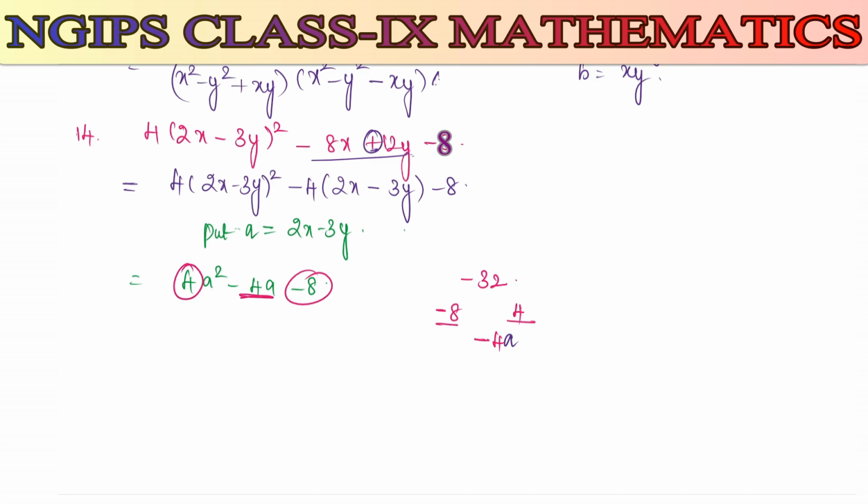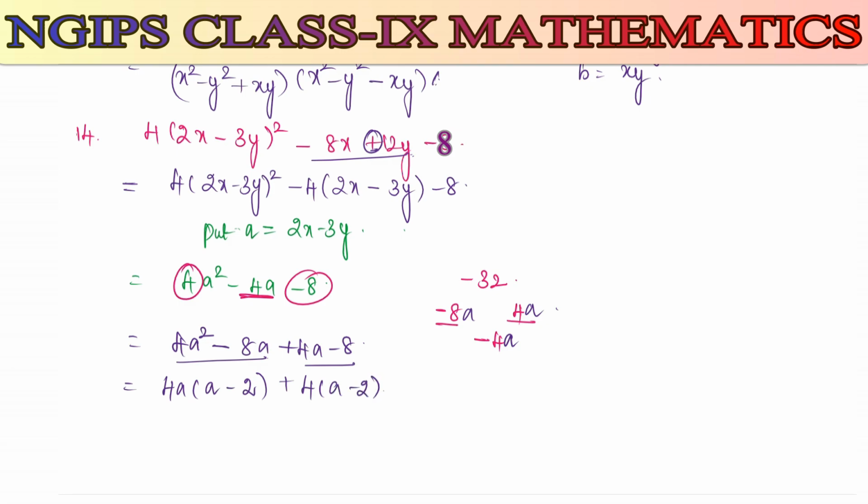Instead of −4a, I am going to write −8a + 4a. So here 4a², let it be the first term and last term. I am going to substitute the middle term: −8a + 4a − 8. Now from these two terms I can take 4a common, the leftover is a − 2, plus, from this I can take 4 common, the leftover a − 2.